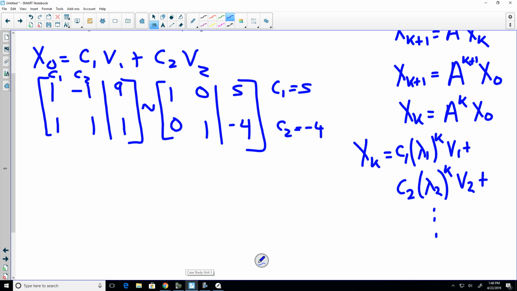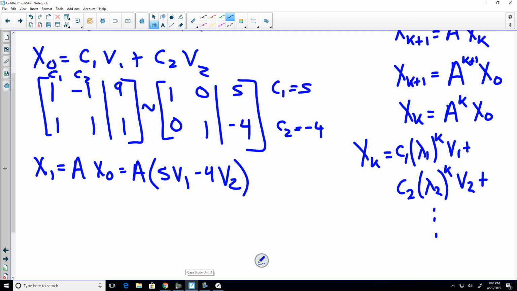Okay, so we want to compute x1. It's A times x of 0. Well, x of 0 is 5v1 minus 4v2. So I'm just going to replace it.